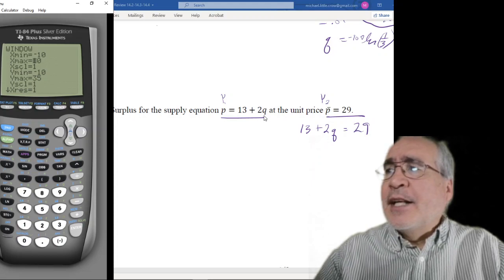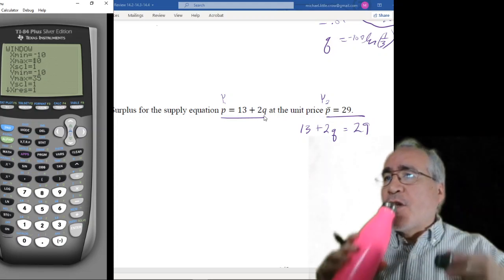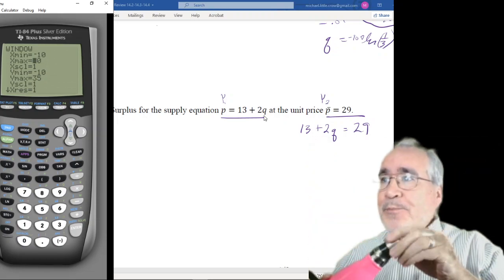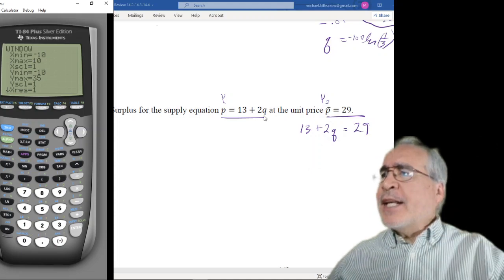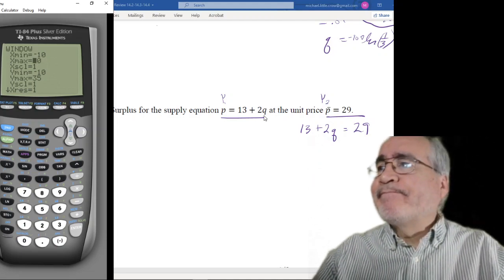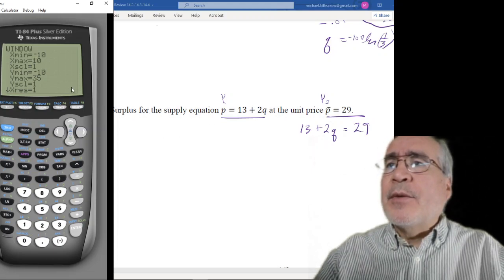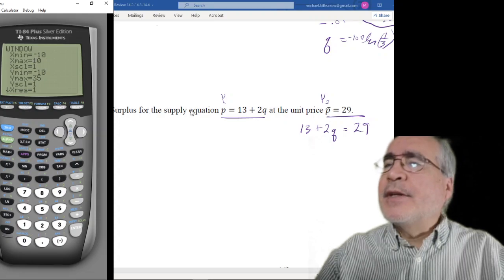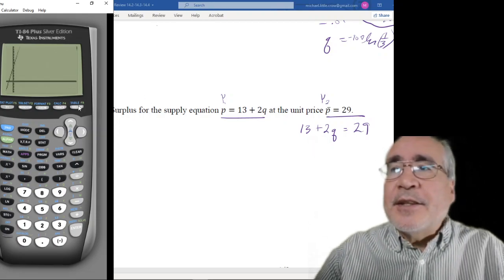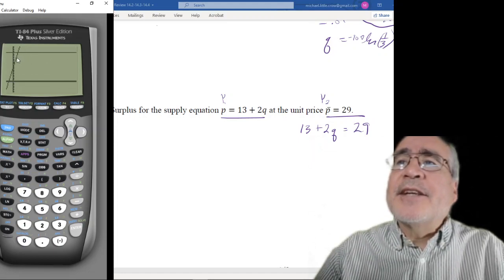Sorry, I just have a really dry throat today for some reason. So we're kind of guessing what Q is going to be. Let's go for 100, and then let's just graph it. Let's not think about it too much. That goes up. There's the y equals 29.